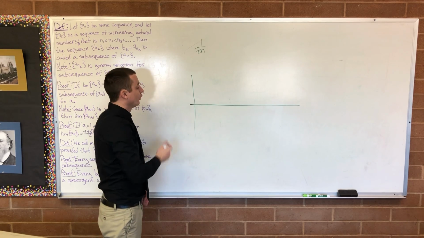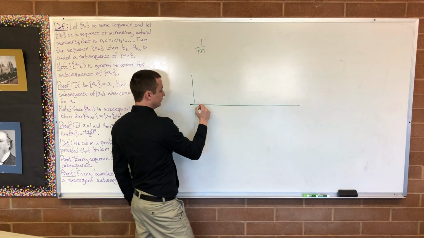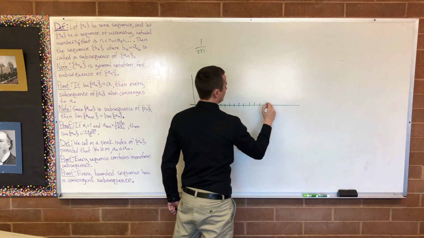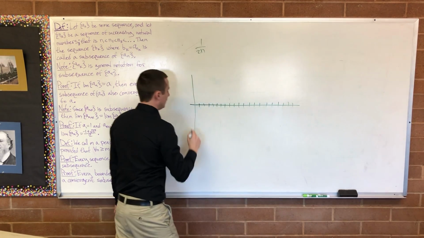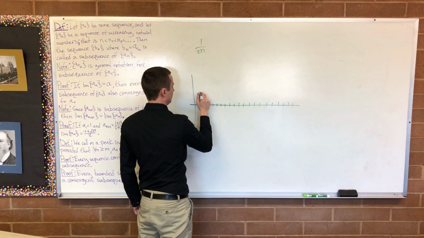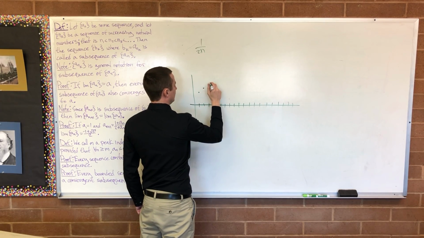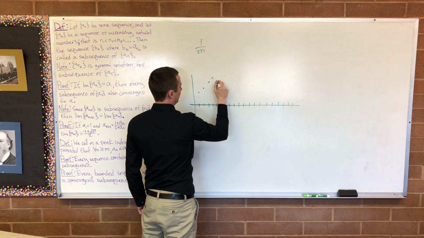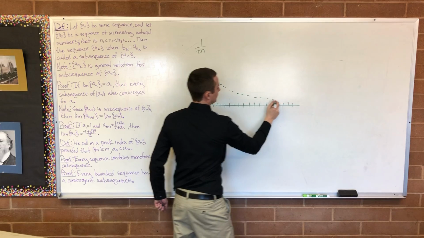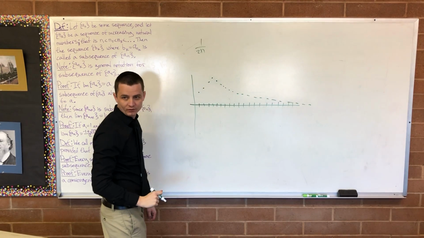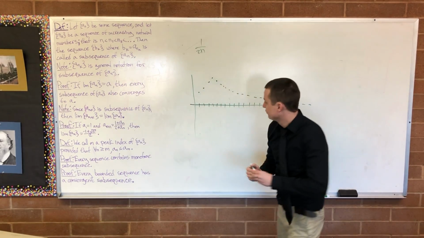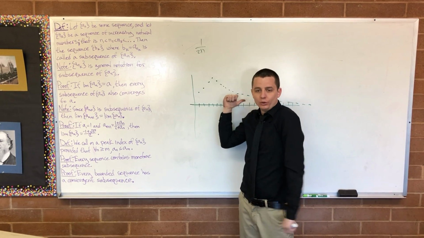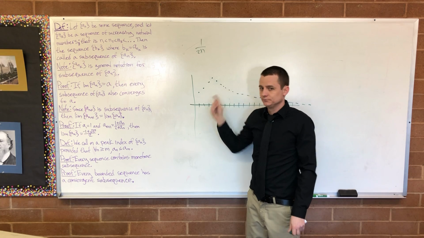So I'm going to graph some sequence here. 1 is going to go to something, 2, 3, 4, 5, 6, 7, 8, etc. So let's say that my sequence looks something like this. It pokes up some, and then from here on out, it just keeps getting smaller. Something like that. You with me? Okay. So a peak index is an index where, from that point onwards, the sequence only gets smaller or stays the same.